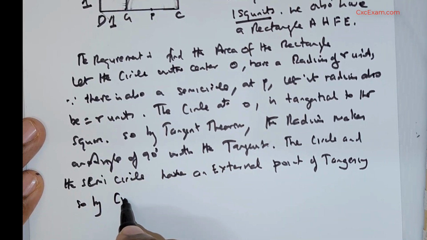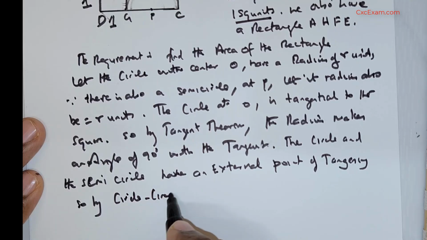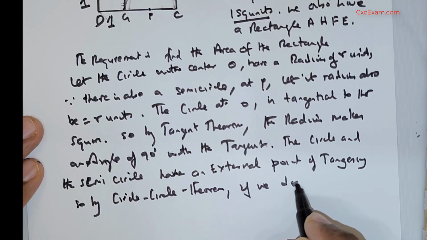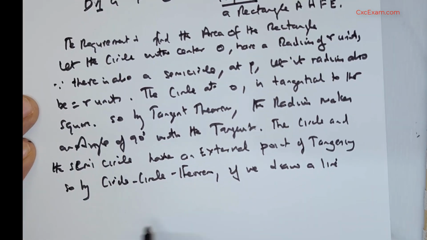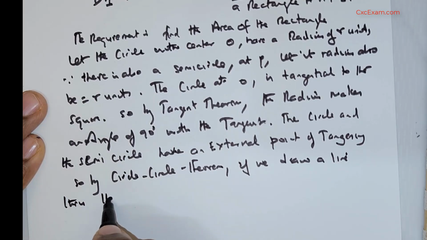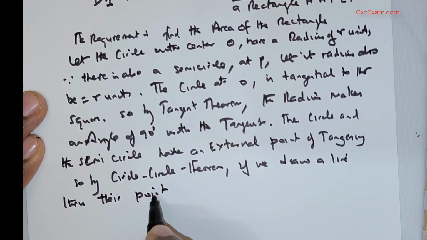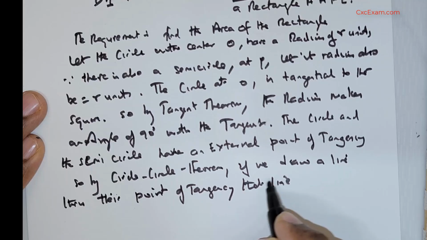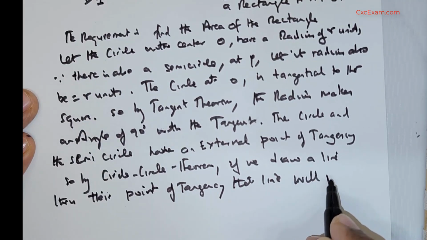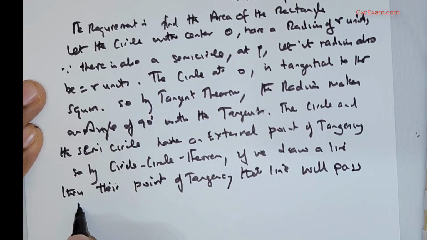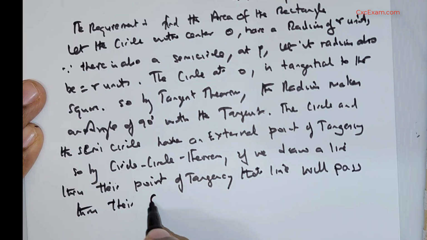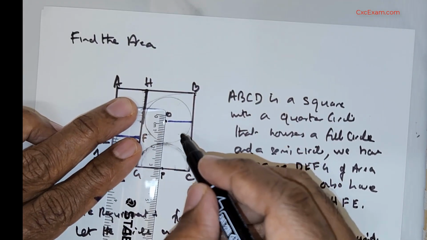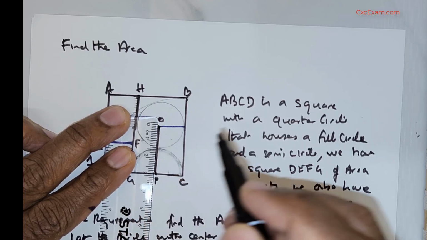So by circle-circle theorem, if we draw a line through their point of tangency, that line will pass through their center. So if I were to connect them, it will pass through their center.